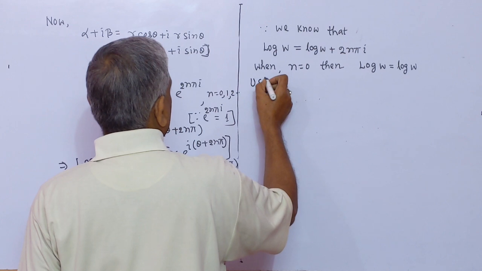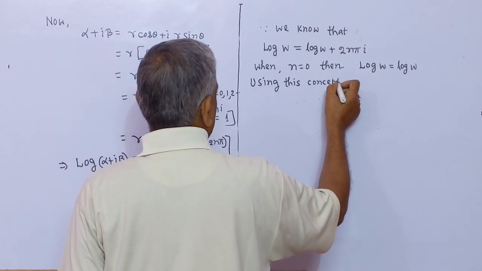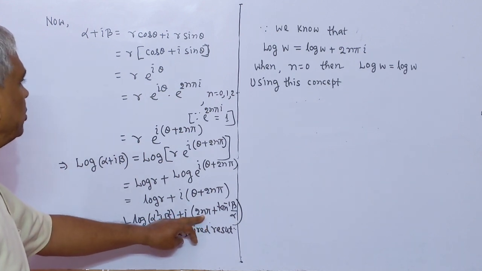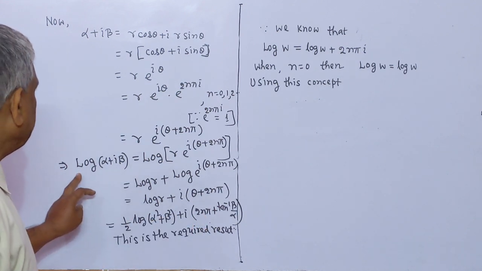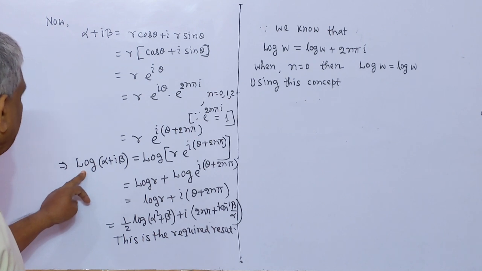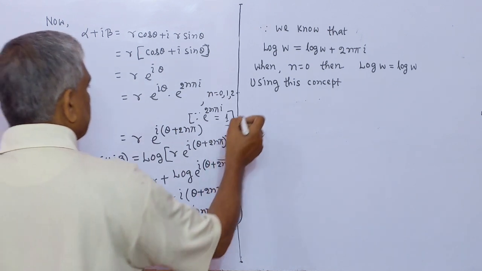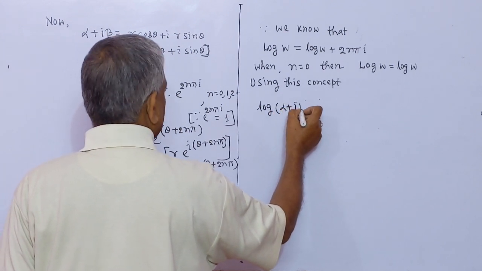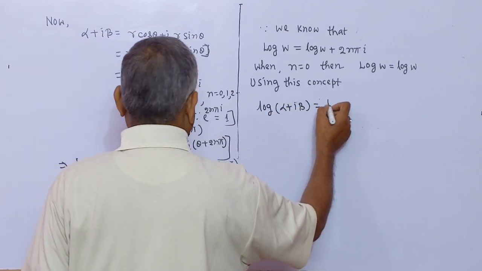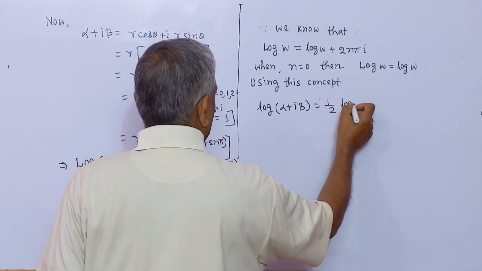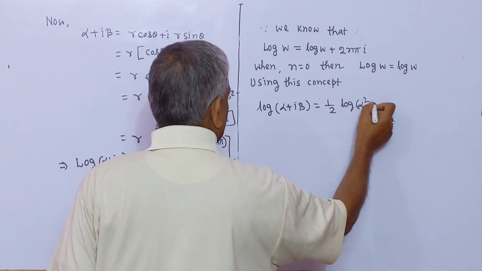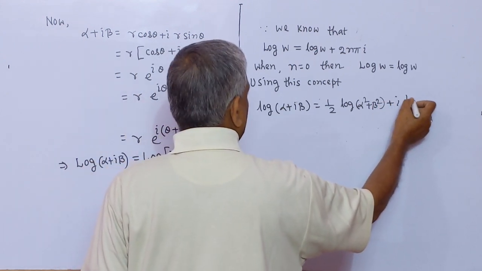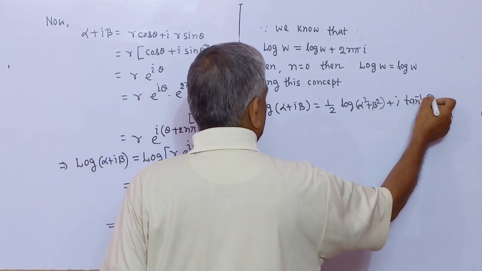Using this concept, here n equal to 0, we get capital Log becomes small log alpha plus i beta equal to half log alpha square plus beta square plus i tan inverse beta by alpha.